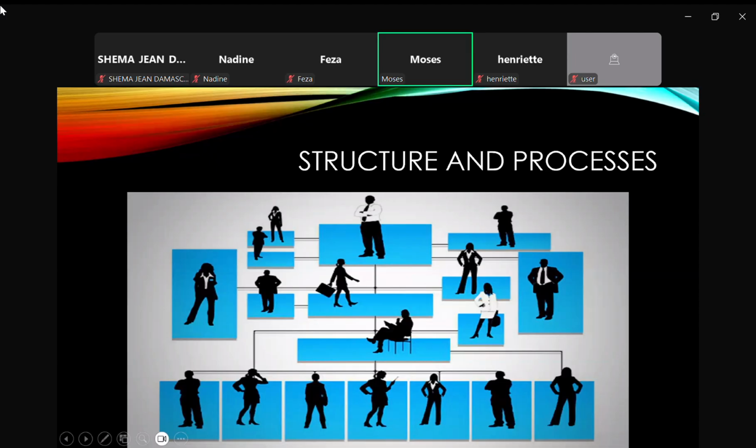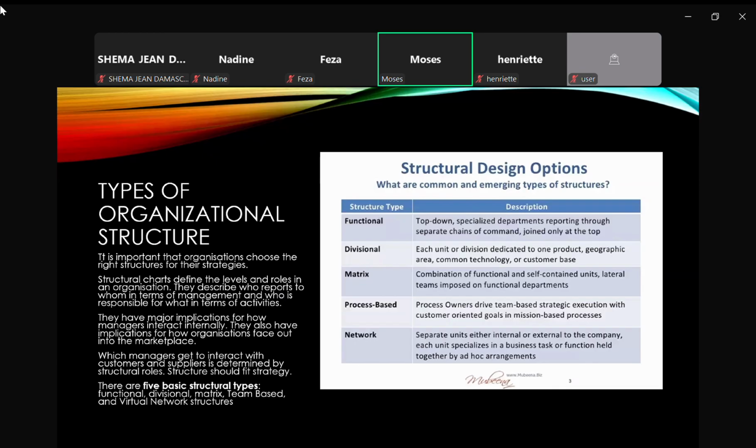So in chapter number 4, we're going to talk about structure and the processes. The first concept I encourage you to review or to read is organizational structure. Organizational structure is essentially about how organizations are structured.